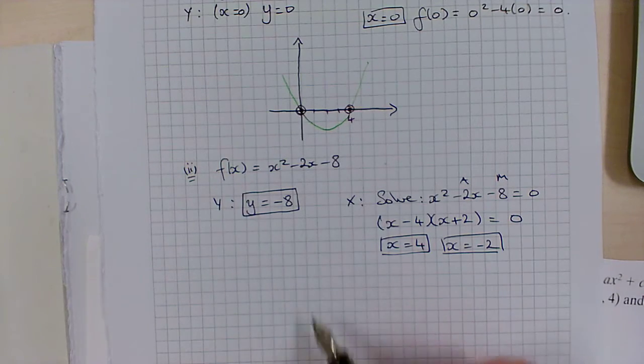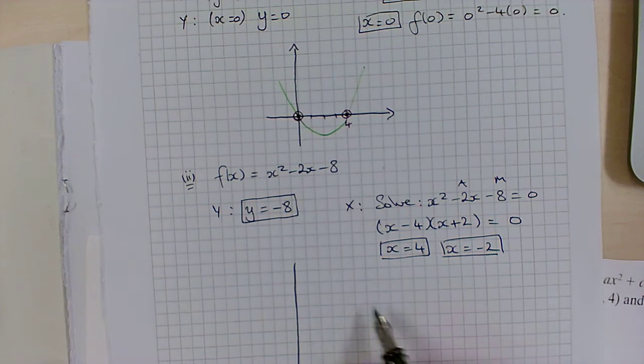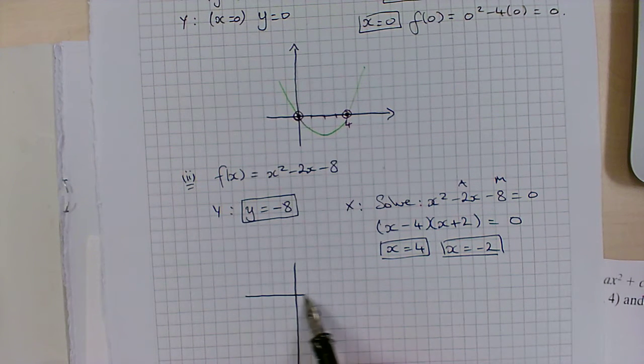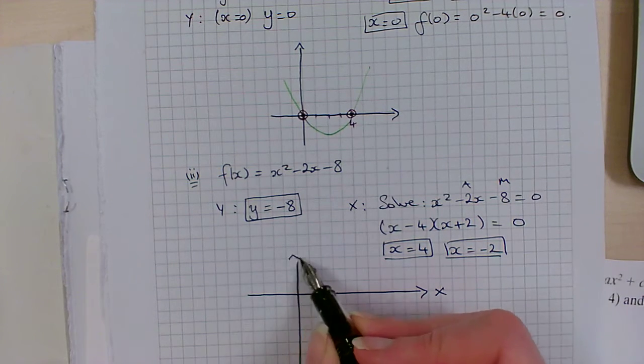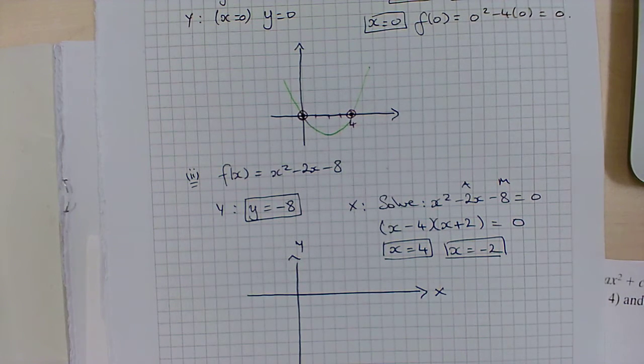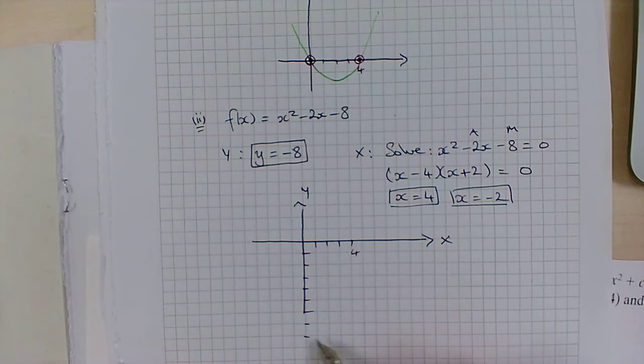So these are the 3 points that I need to plot on the axes. Again, it's U-shaped, and on my x and y axes, I'm being very, very quick with this, so I've got 1, 2, 3, 4. I didn't need to go that far. 1, 2, 3, 4, 5, 6, 7, 8.